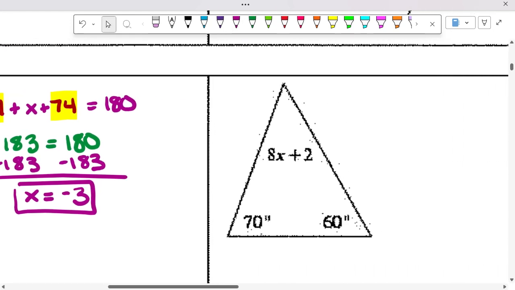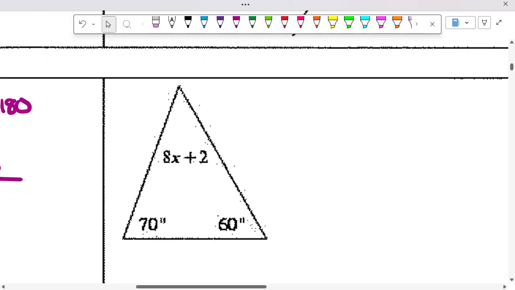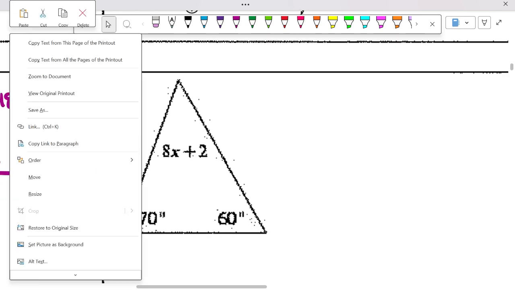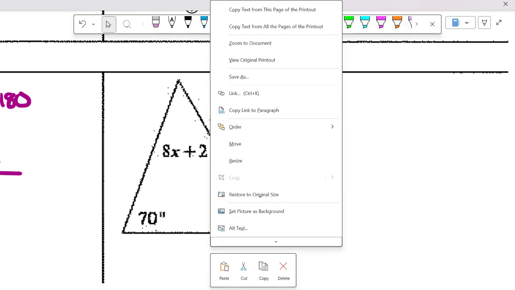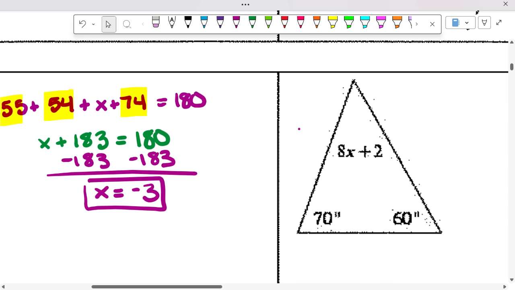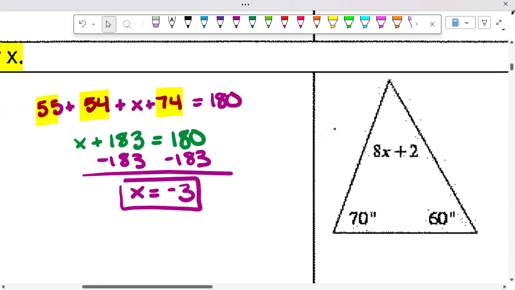All right, let's try another one. Try this one on your own. So it's the same process that we just did. So I'll leave that up just for reference.